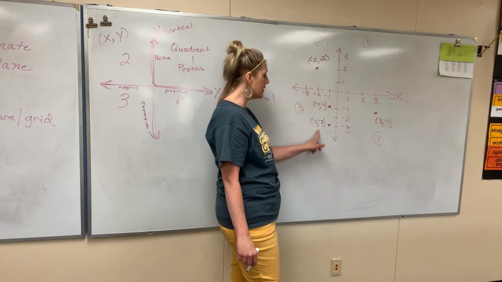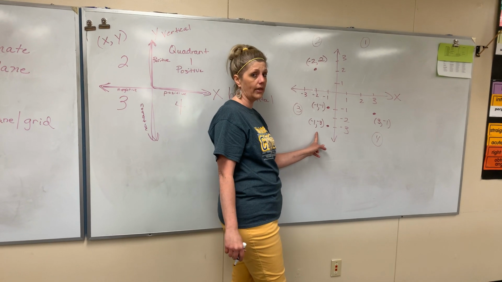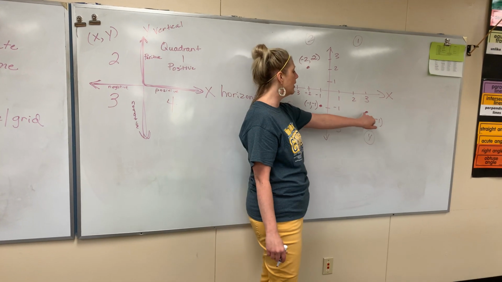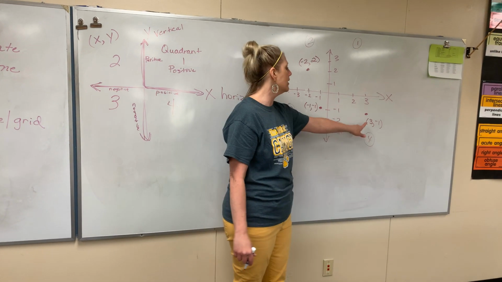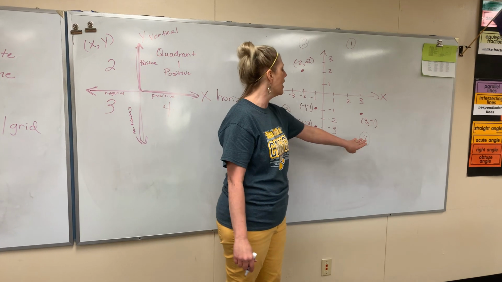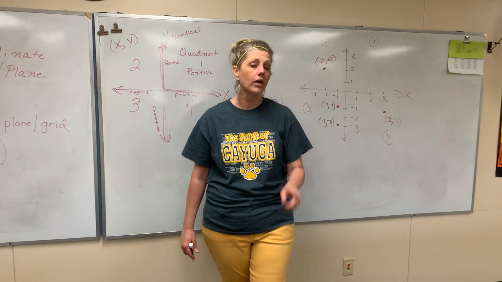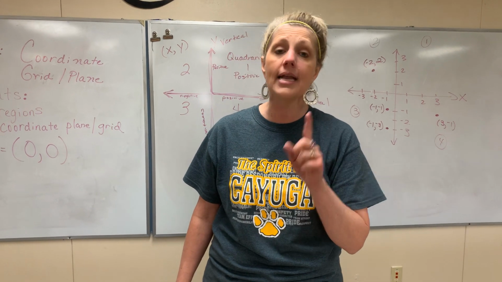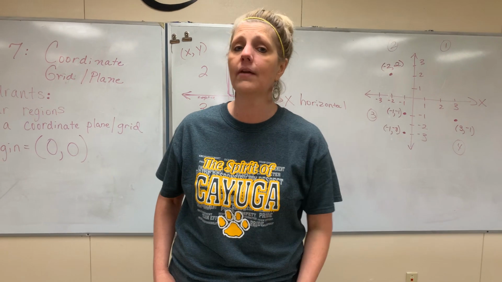This one is -1, -3, and he falls in quadrant 3. And the last one, his name is 3 and -1, and he falls in quadrant 4. So on your independent practice assignment, you're going to name the point and also give me the quadrant that it falls into.